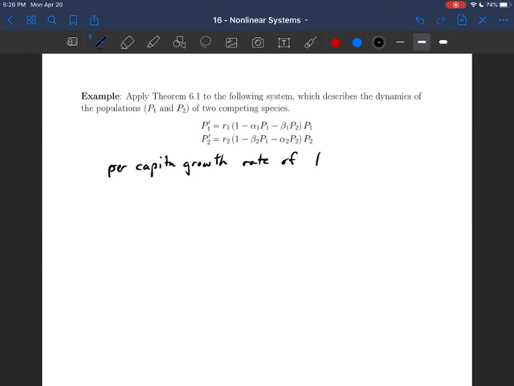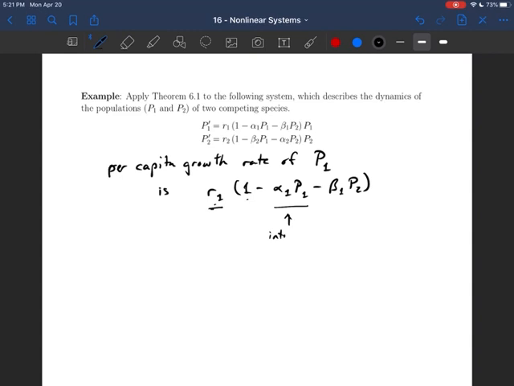And then this remaining part here is the per capita growth rate. And if we look at the parts of that, the per capita growth rate of species P1 is R1 times (1 minus alpha 1 P1 minus beta 1 P2).